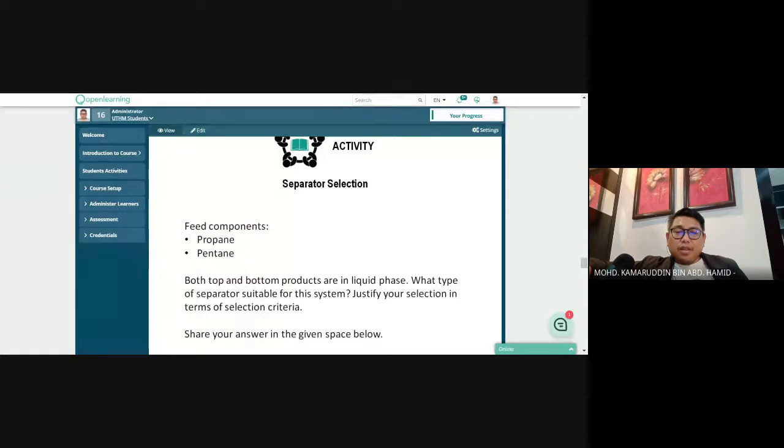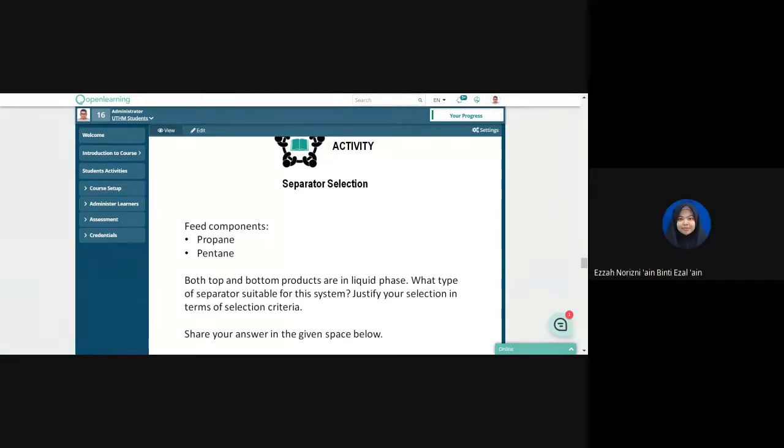Okay, let's analyze another situation. If we only want to maintain the top purity, we don't care about the bottom purity. We just want the bottom in the liquid phase, but the propane at the top should be in the liquid phase at a certain quality.